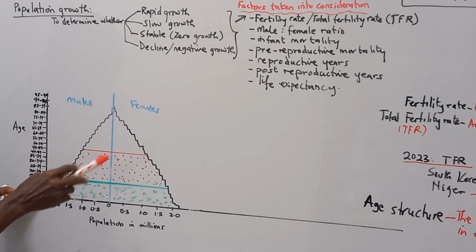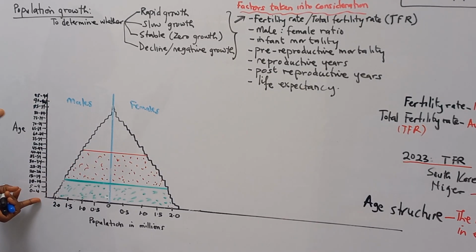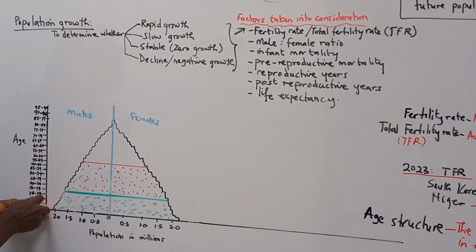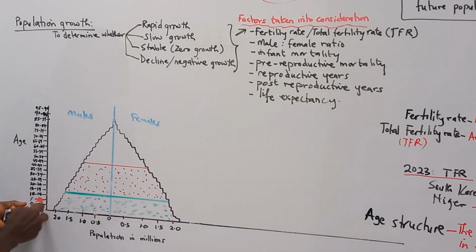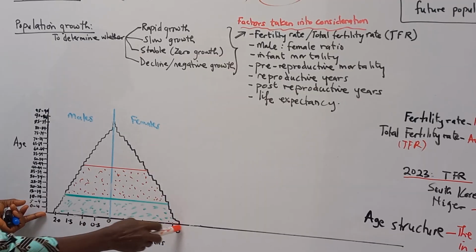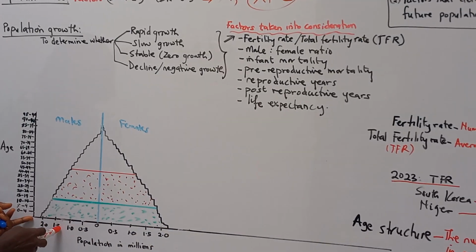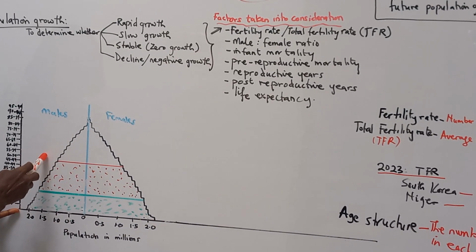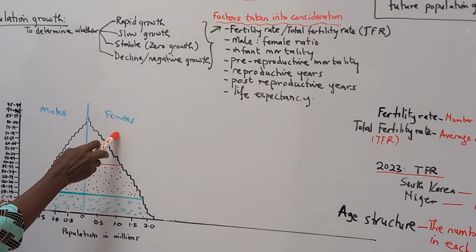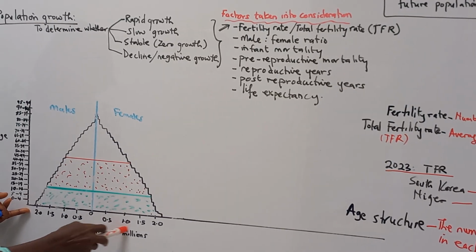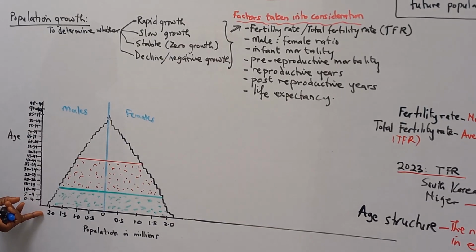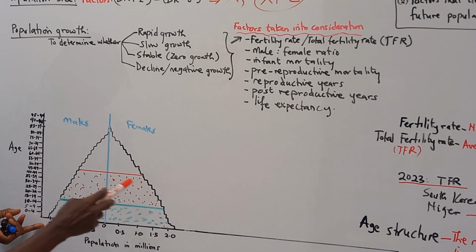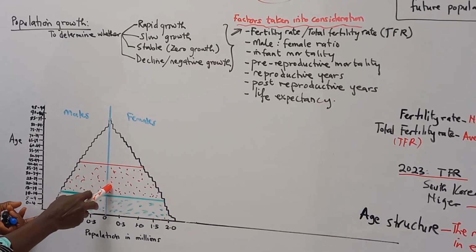The age of the individuals in the nation or country is put down, the number of individuals in each age group is also put down, and the number of males is separated from the number of females. Population in millions is on the X-axis, the age on the Y-axis. This is the age structure diagram.